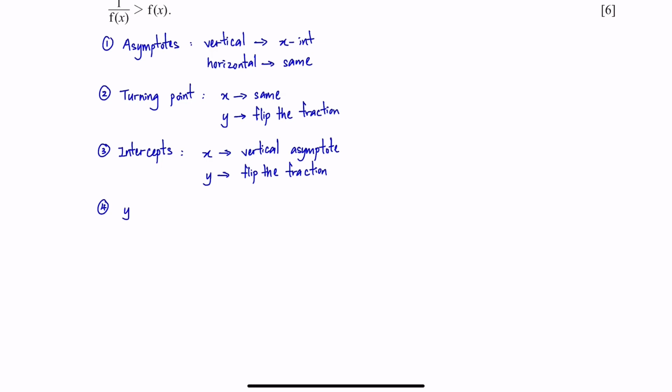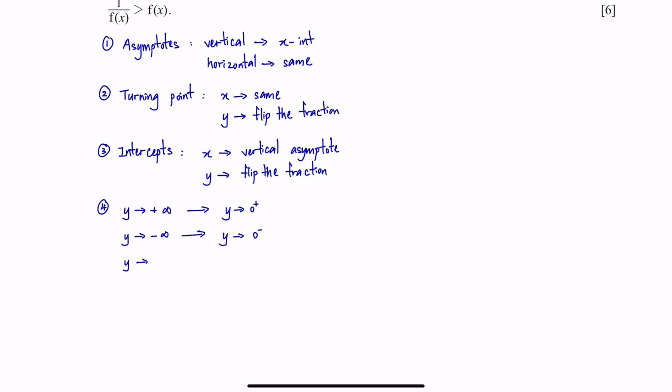When y is approaching positive infinity in the f(x) graph, in the new graph it will be approaching positive 0. When y is approaching negative infinity in the f(x) graph, it will be approaching negative 0 when it's 1 over f(x).